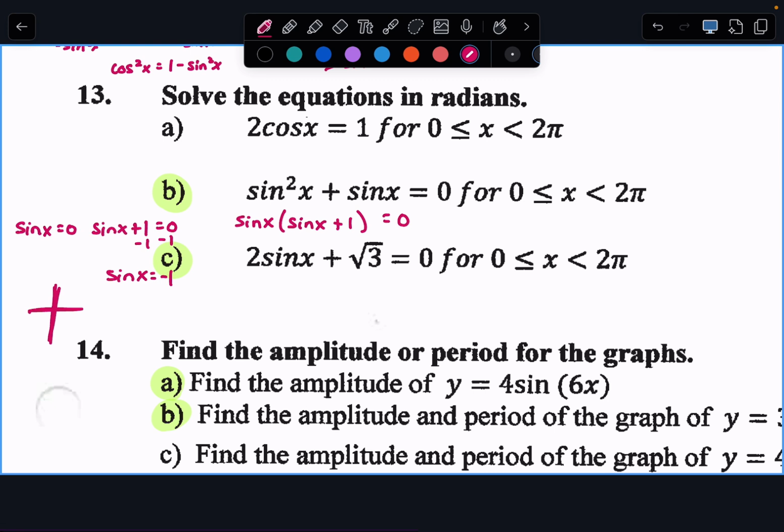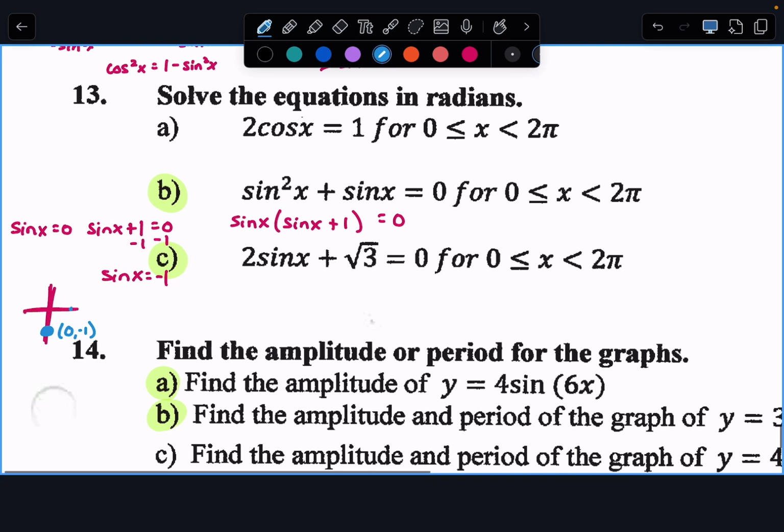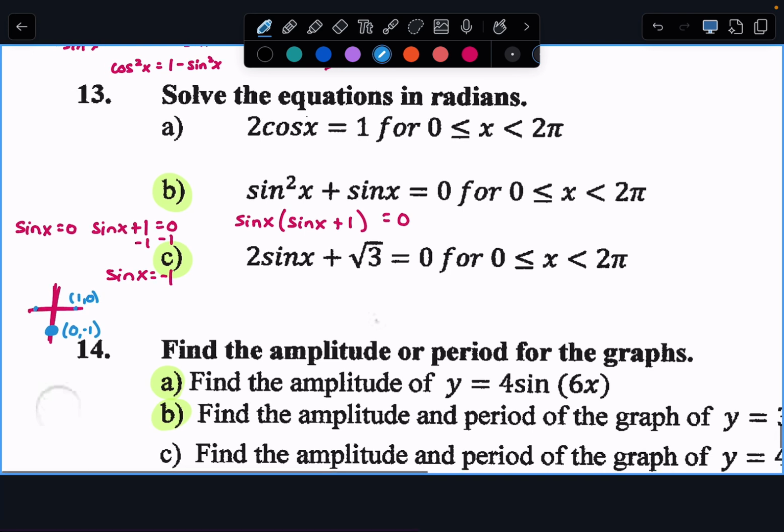When does sine give me -1 in radians? 3 pi over 2. When would it give me 0? 2 pi. Yeah. 0, so it gives me 0 here, because this is 1, 0, and it gives me 0 here.